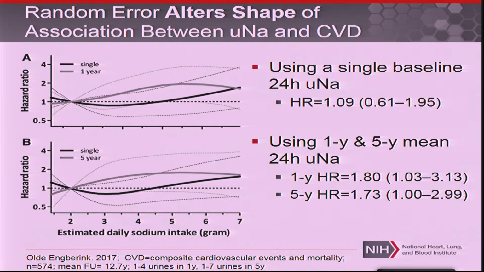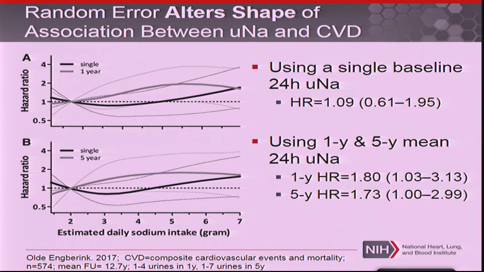It's a little bit busy, but you can see in this black line here, this is the shape of the association using a single baseline 24-hour urine, and it's slightly U-shaped. And when you look at the hazard ratio for higher versus lower sodium intake, it's not significant.